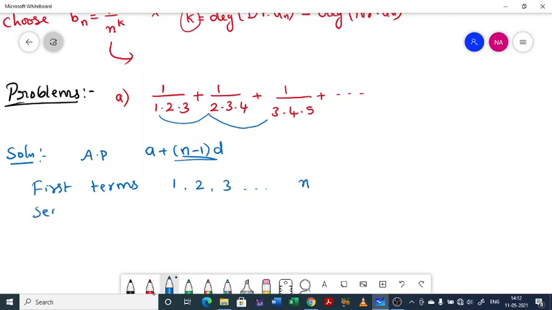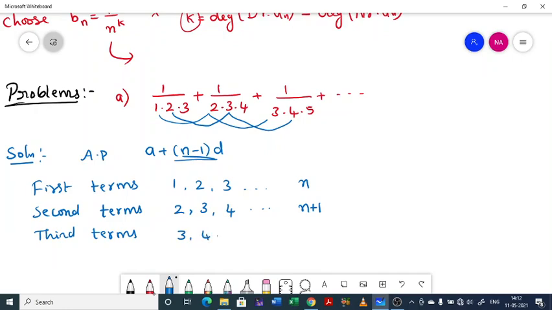Second terms of the series, if you look, 2 into 3, 2 comma 3 comma 4 second terms and so on. So n plus 1. Third terms 3 comma 4 comma 5, so n plus 2.